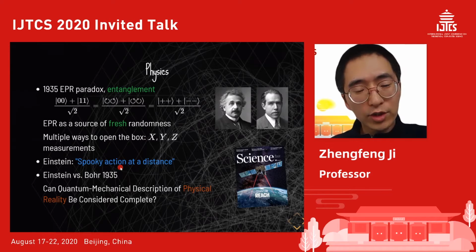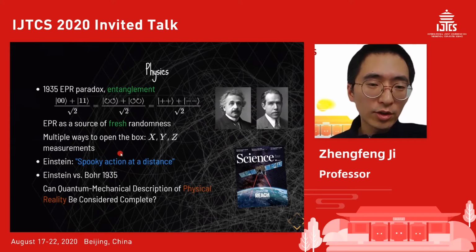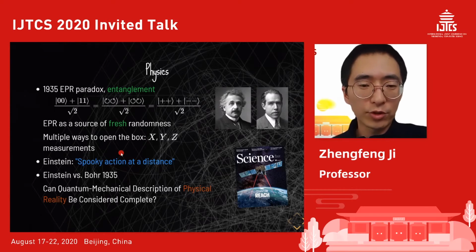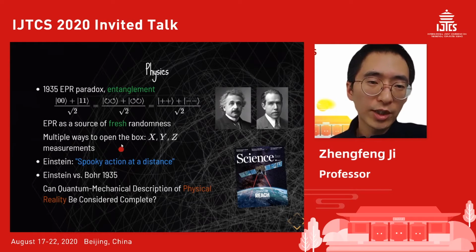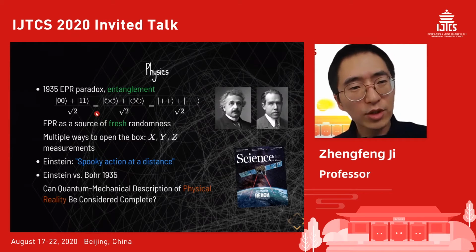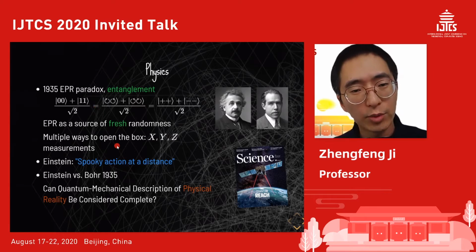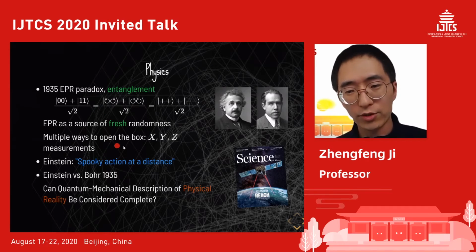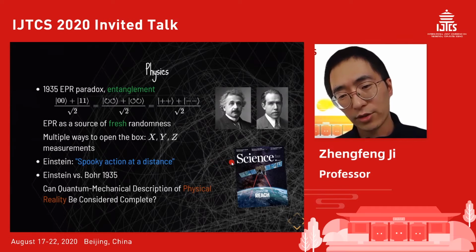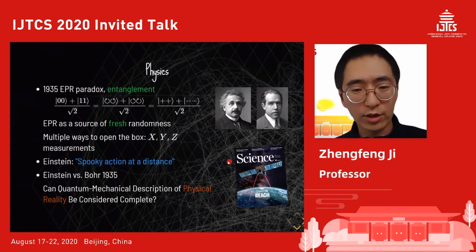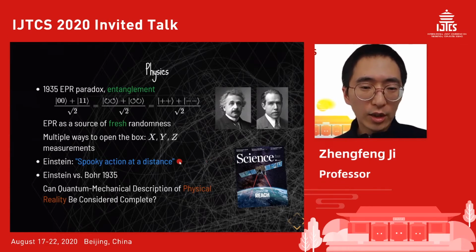But these kinds of discussions are not purely philosophical. Nowadays we know that this concept of entanglement is a resource that enables a lot of interesting applications, including the Micius satellite that China has.